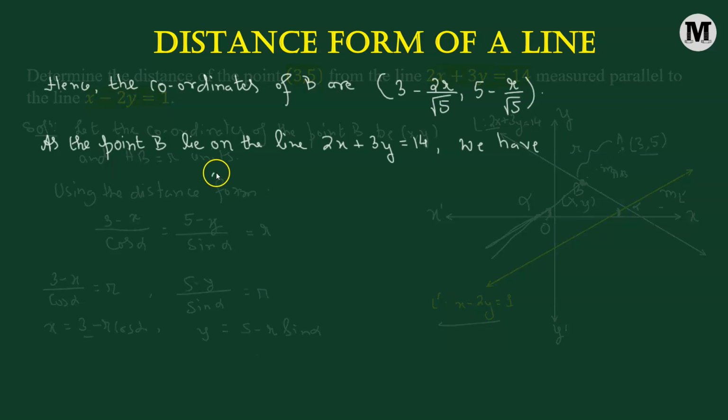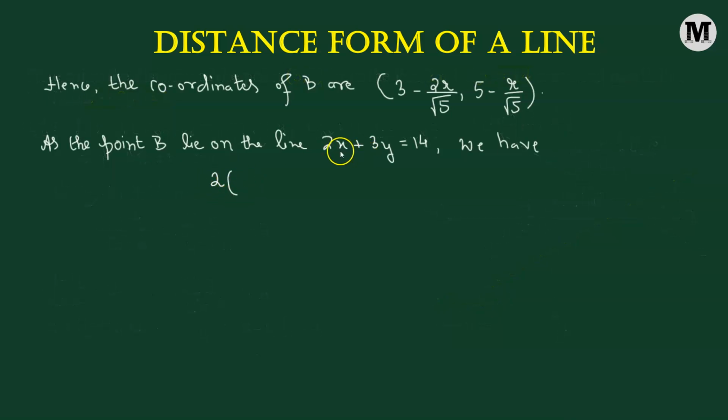So we will take 2 times x, but in place of x, we replace it with the x coordinate of the point B, that is 3 minus 2r over square root of 5. This is added to 3 times y, where y is replaced with the y coordinate of the point B, so we have 5 minus r over square root of 5. This is going to be equal to 14.